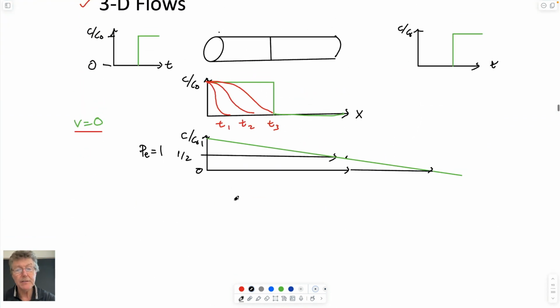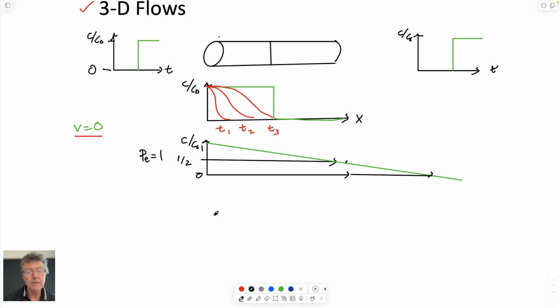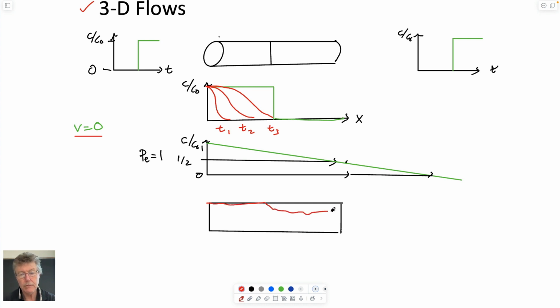And I guess probably the explanation for that is that we could describe the behavior as looking like, if you draw the core, it would look something like this. You could imagine these fingers reaching downstream being something like this.